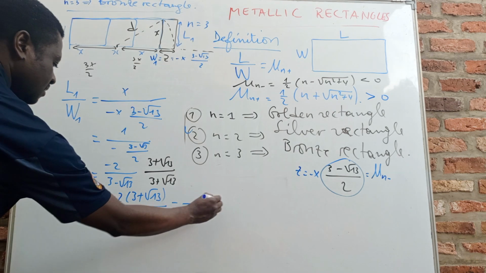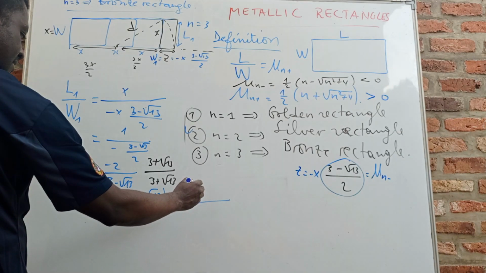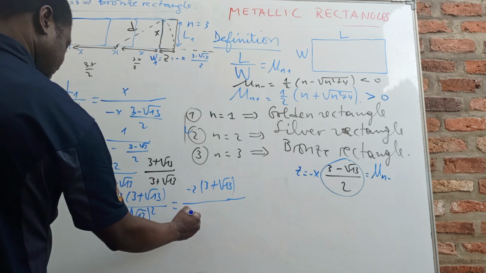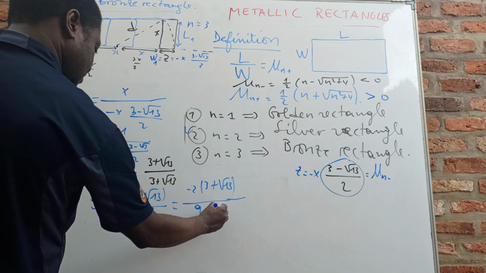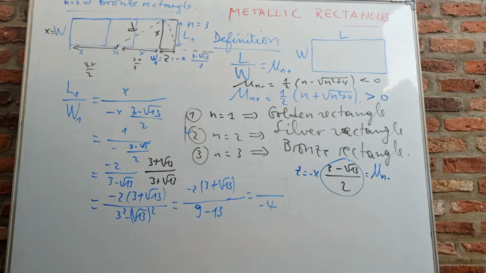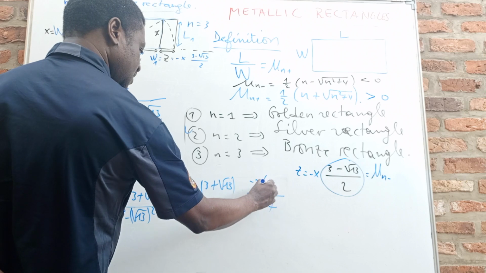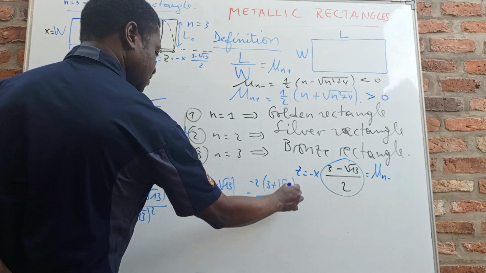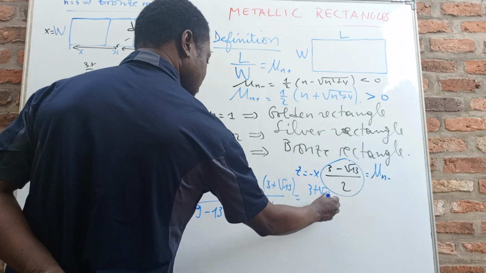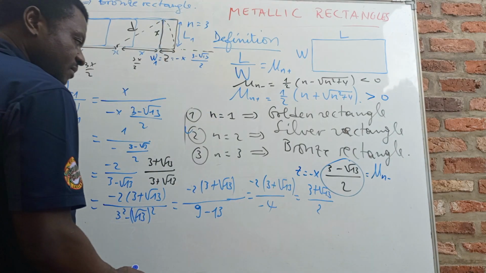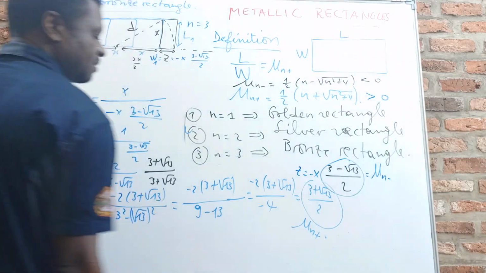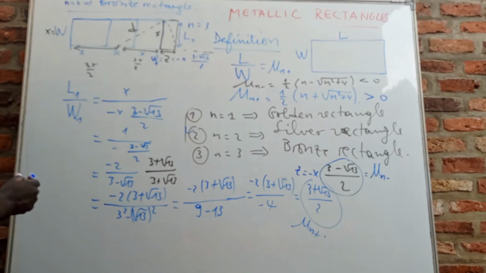So this is negative 2 times (3 plus square root 13) over 9 minus 13, which is equal to negative 4. The numerator has negative 2, which needs some simplification to get (3 plus square root 13) over 2. So now this is exactly the bronze ratio with n equal to 3.